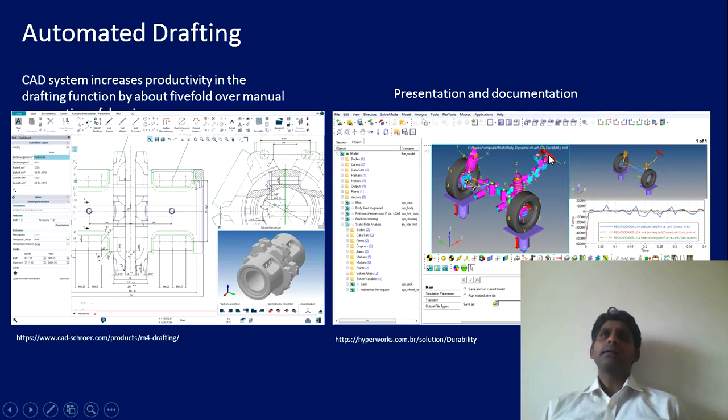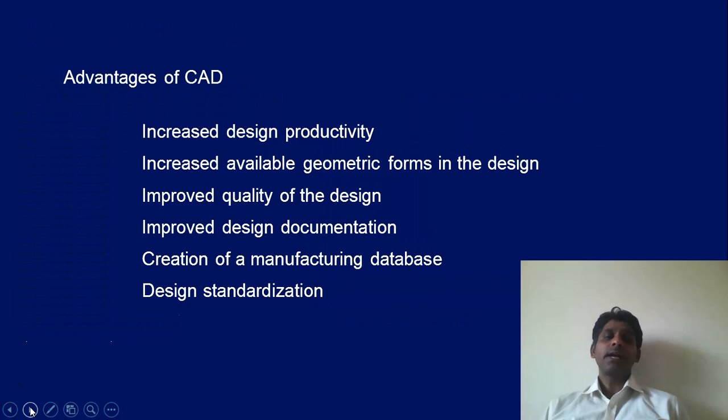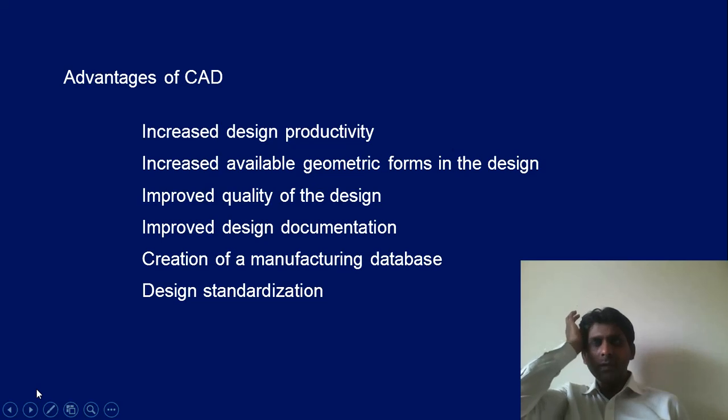That means documents are being prepared, and softwares are being used to prepare these documents. Various views are shown, various graphs are shown, and other information which is very vital for manufacturing will also be given in the documentation and presentation. So all of these things are very important, and the use of softwares or graphic packages is justified.